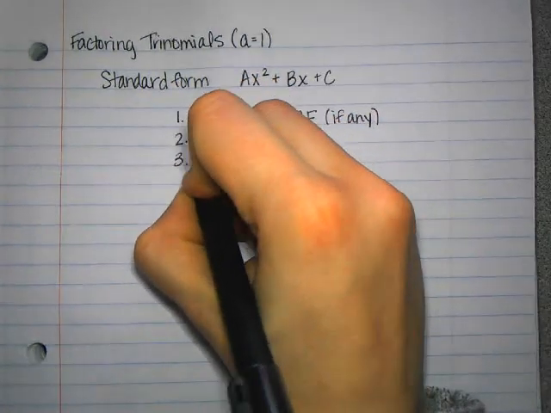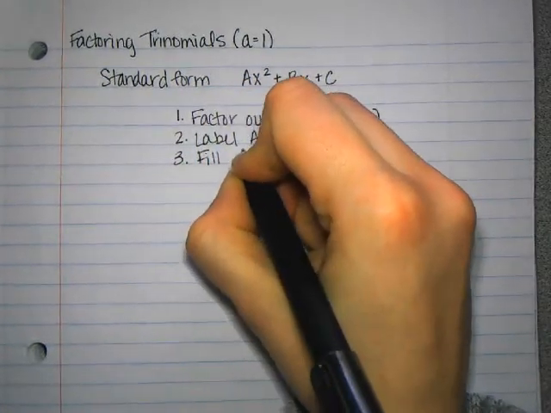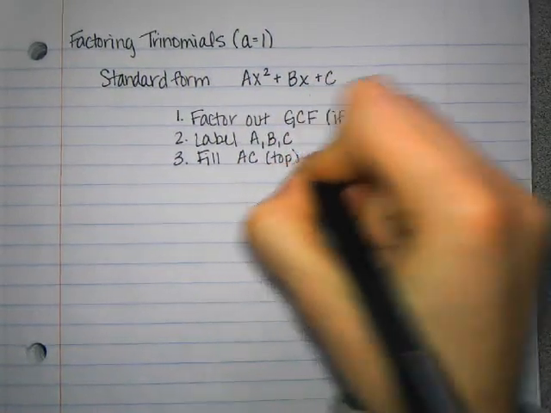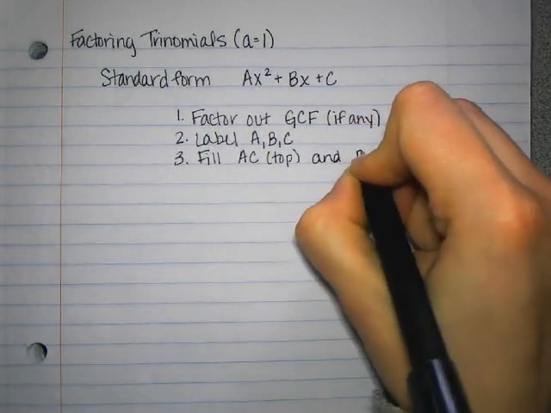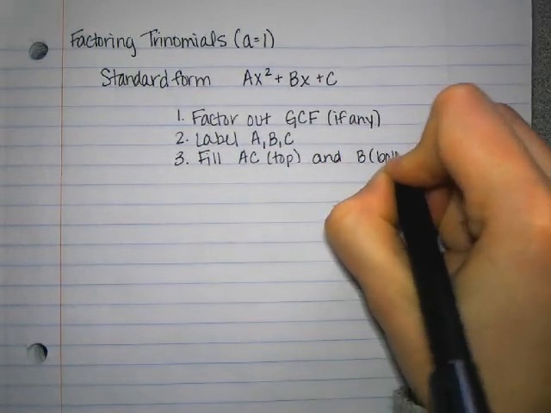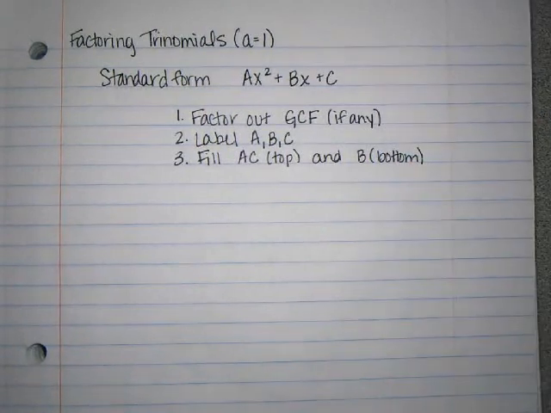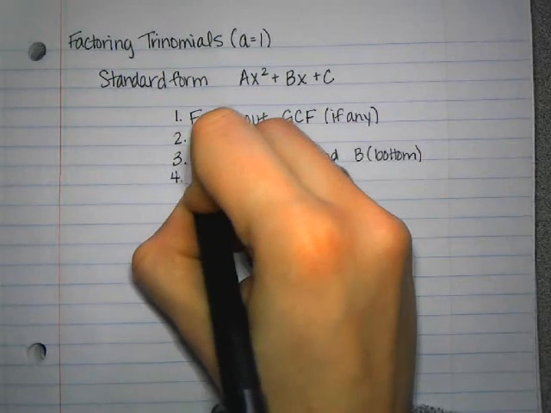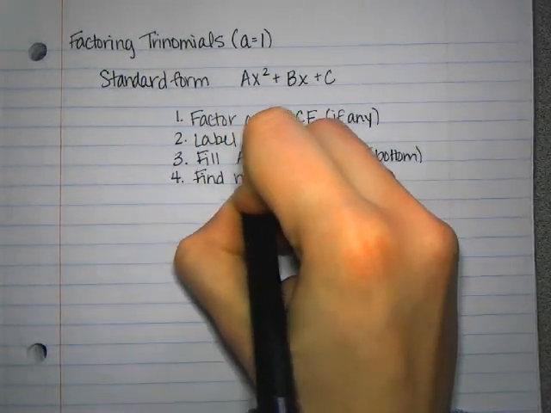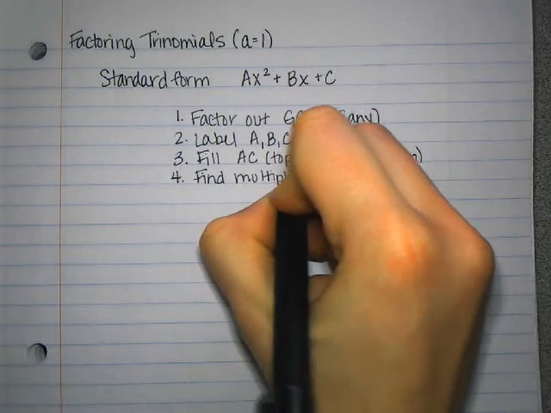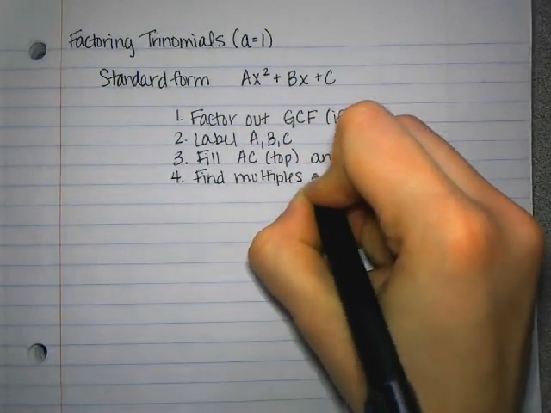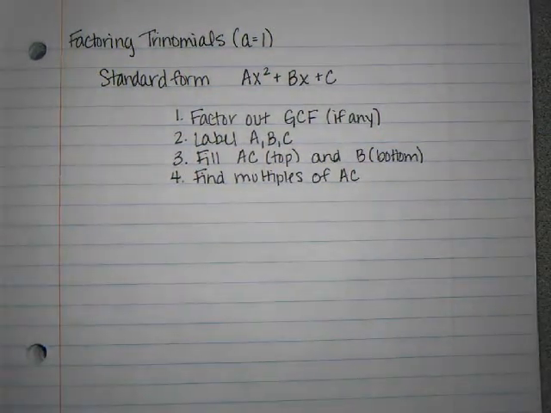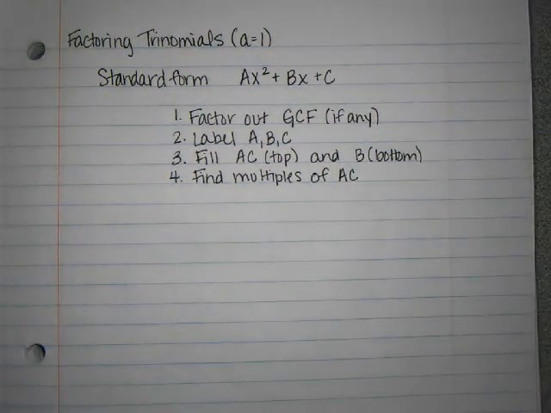Step 3, fill AC in the top of the x and B on the bottom of the x. Step 4, find multiples of AC, the numbers that multiply to become the answer of AC.